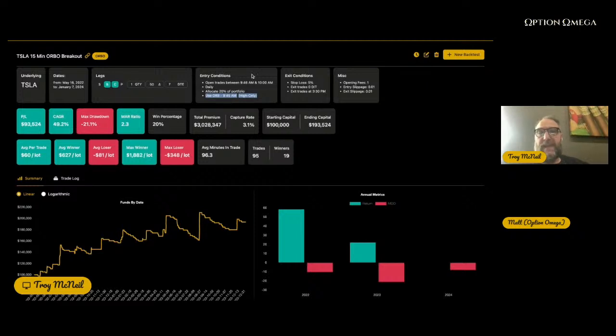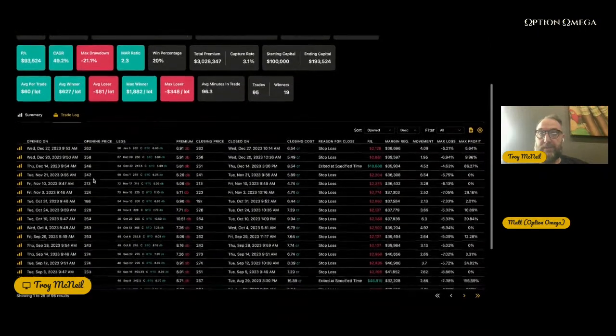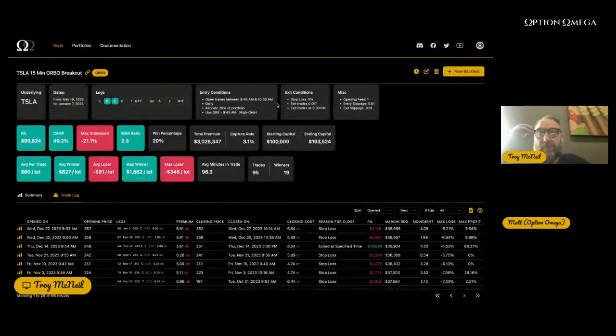The exit conditions are very interesting because you have a very tight stop, 5%. And you have no profit target, but you're going to exit the trade by 3:30. So you're putting this on any time, but you're exiting at 3:30. You are also going to open the trade between 9:46 and 10, so it's a very short time frame type of trade.